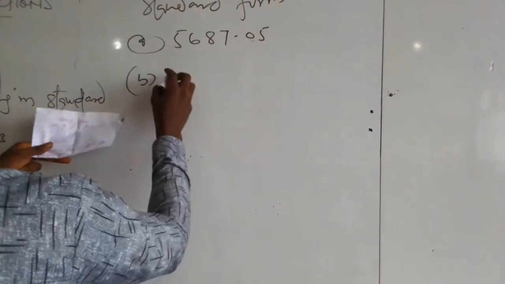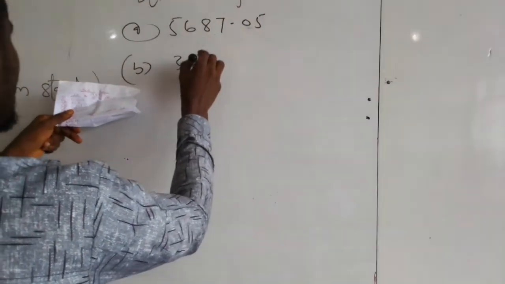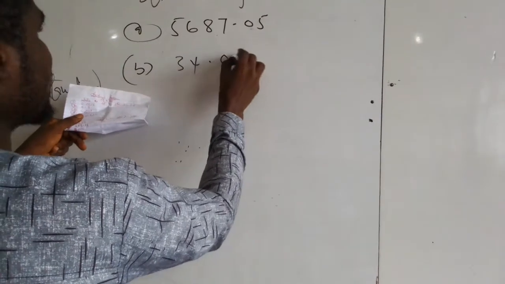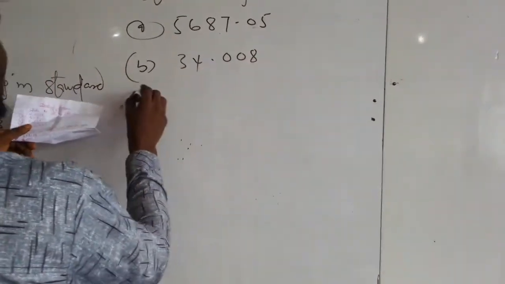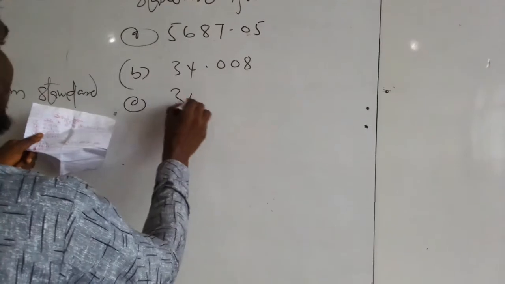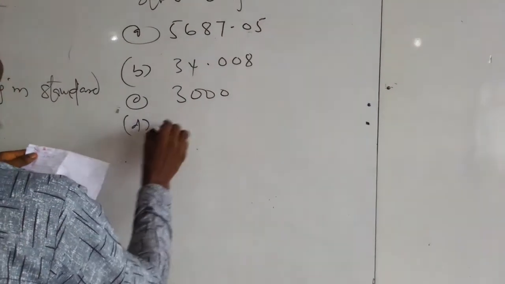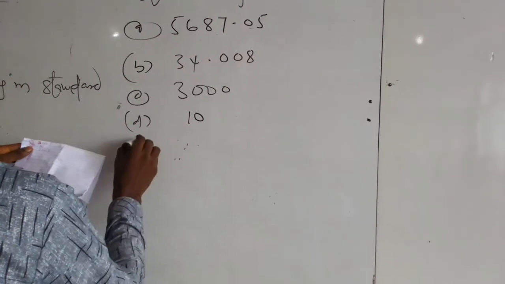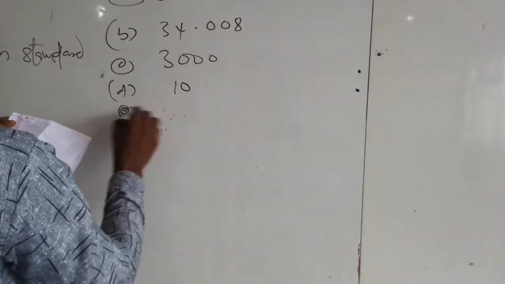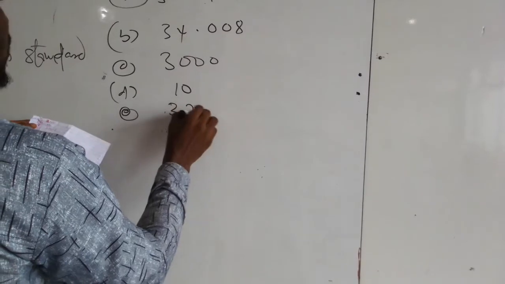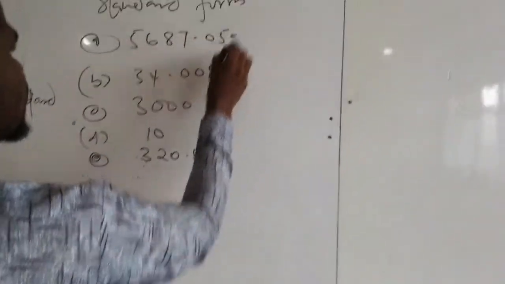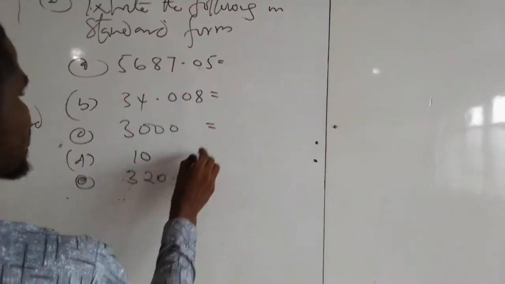B, I have 34.008. C, I have 300,3000. Then D, I have 10. E, I have 3 to 0.5. So we are going to change these numbers to standard form.